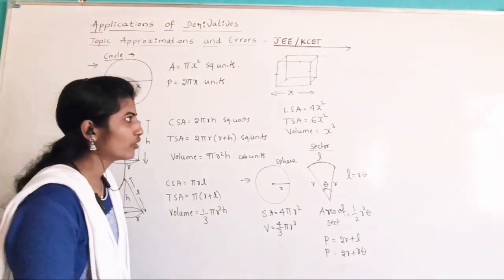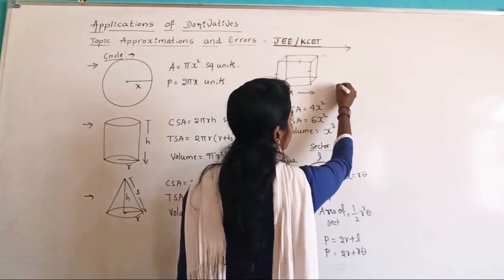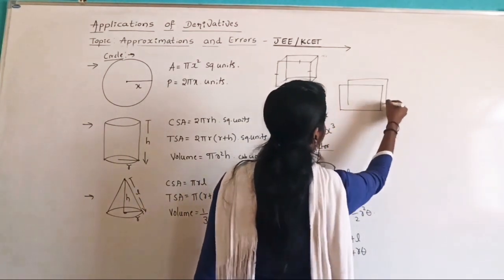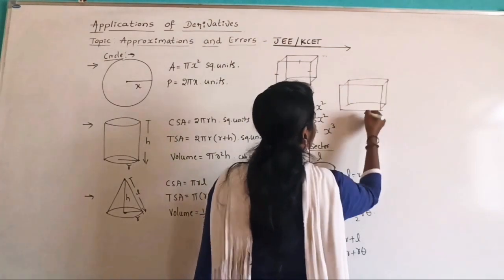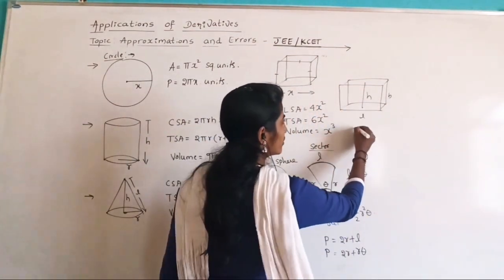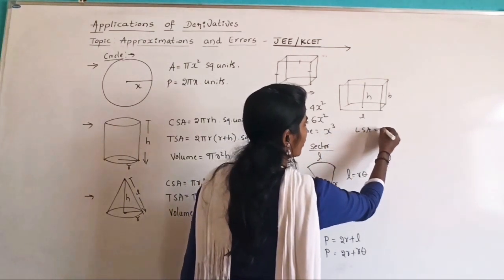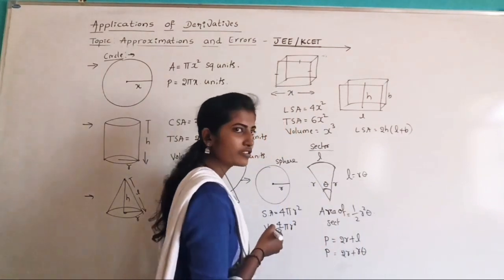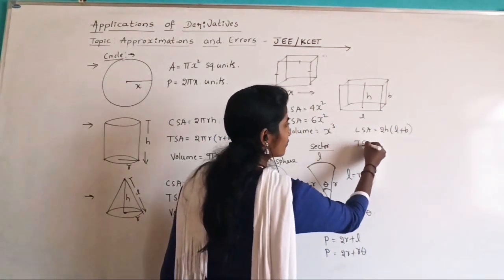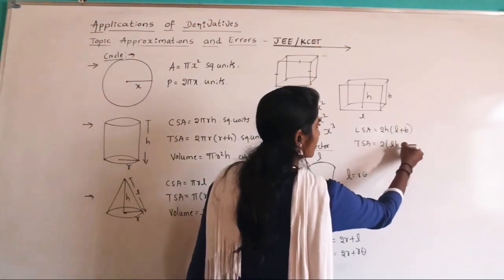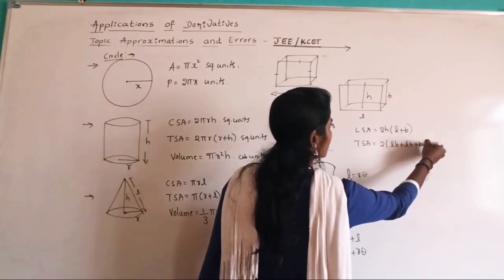This is all about the cube. If you want to talk about the cuboid, with length, breadth and height, its lateral surface area is given by 2h(l plus b) units, and its total surface area is given by 2(lb plus lh plus bh) units.